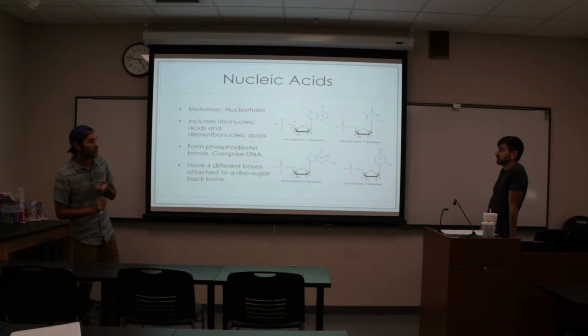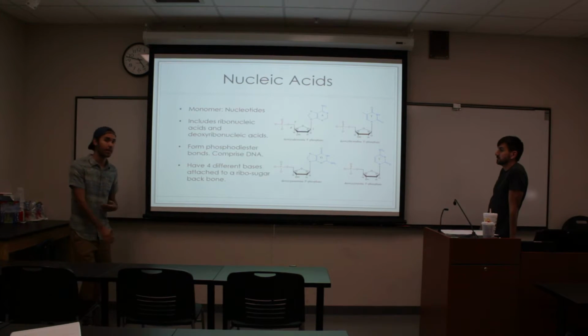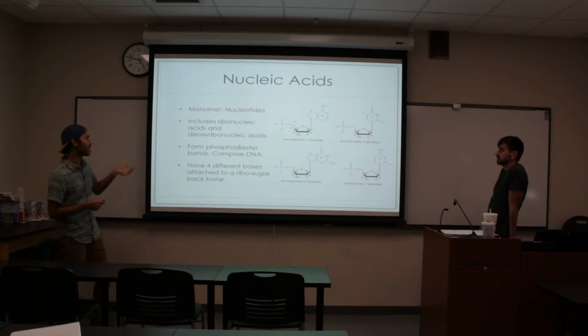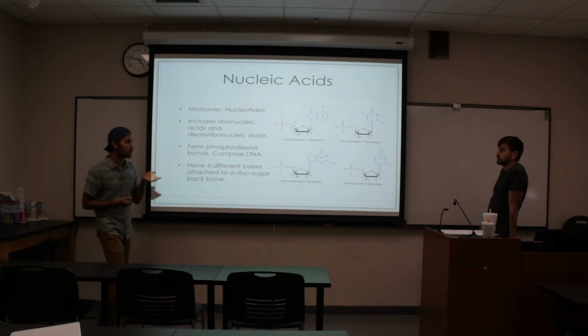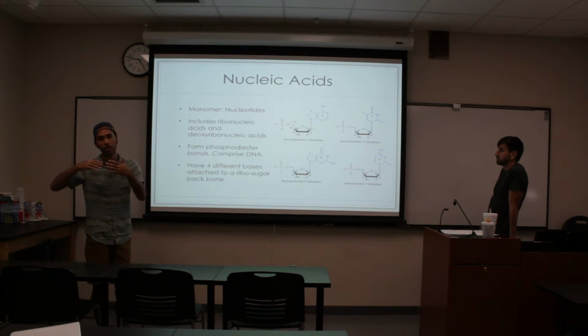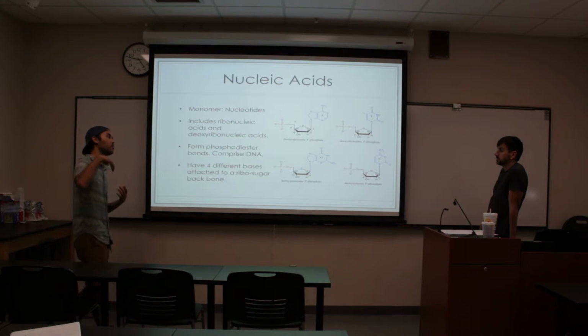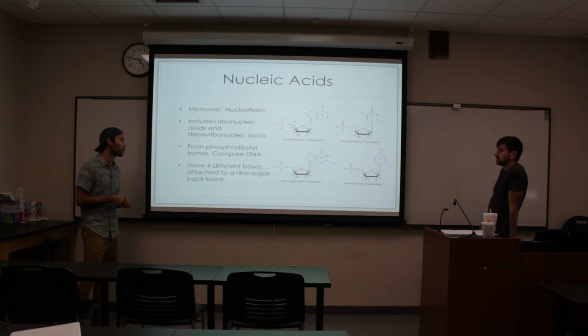Then it has a phosphate as well as the nitrogenous base that makes it a nucleotide. Like I said, they come in deoxyribonucleic acids, which make up DNA, and ribonucleic acids, which is RNA. They form phosphodiester bonds to create a backbone, which chains them along into being single or double-stranded, depending on what you're looking at.